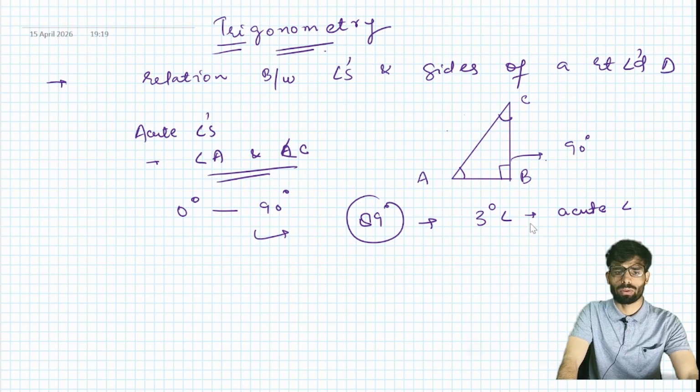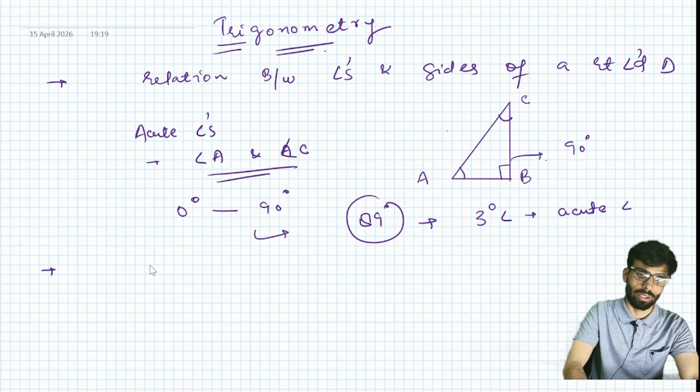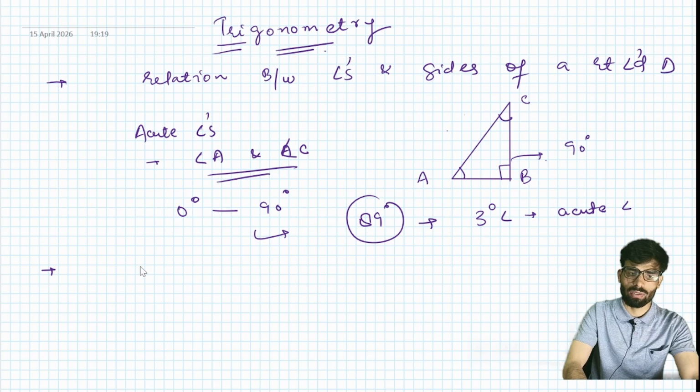These two angles have to be acute because in order to validate the angle sum property here, they should be acute. That means, first, what is angle sum property? The sum of angles of a triangle is 180 degree.